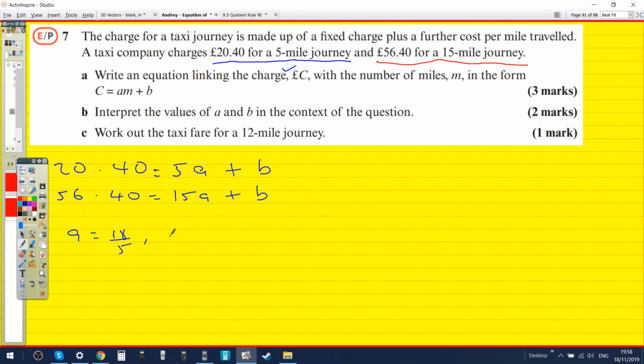And B was, what was it, sorry? 12 over 5. And so, is that the answer?